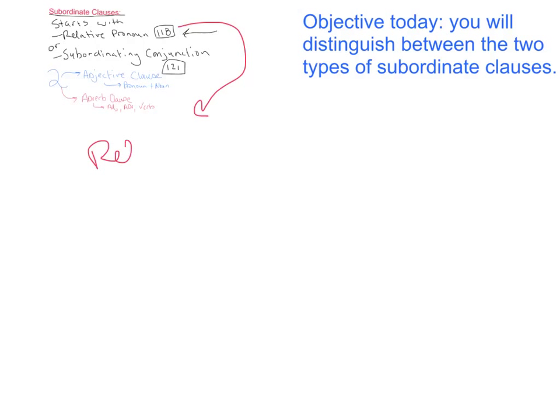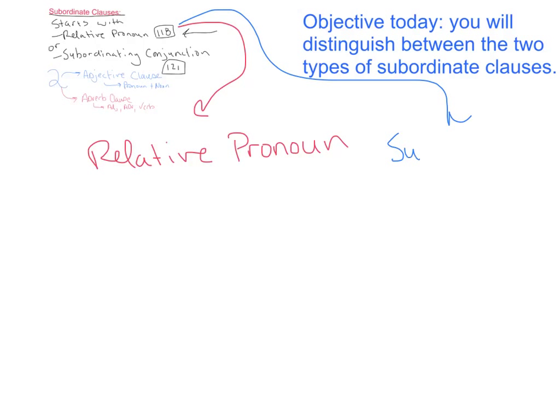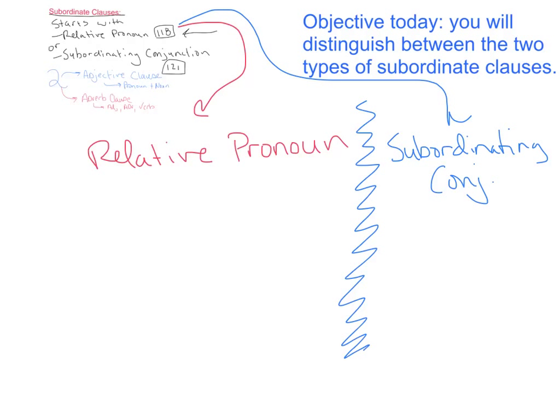A relative pronoun or a subordinating conjunction. These 2 things are my key indicators. Remember, this is page 121, page 118.